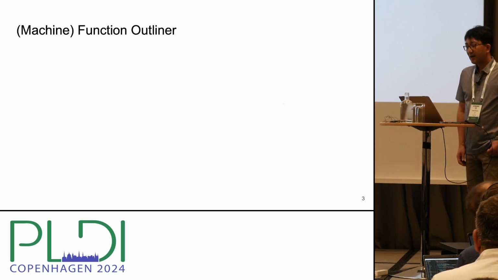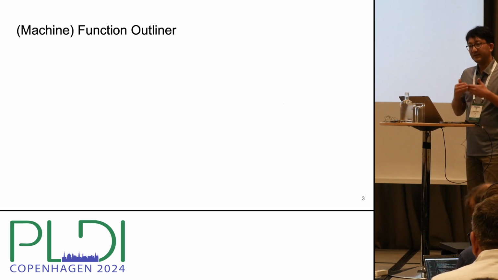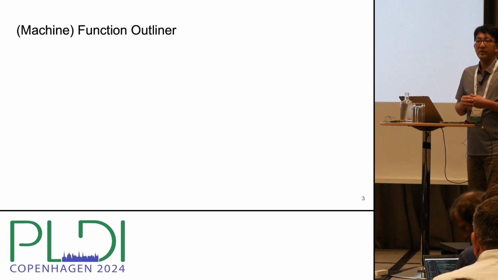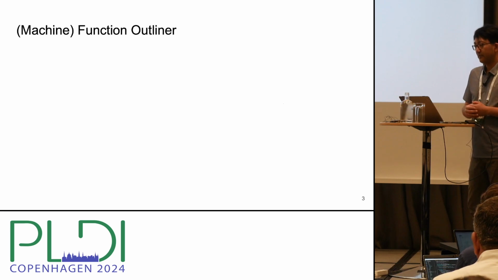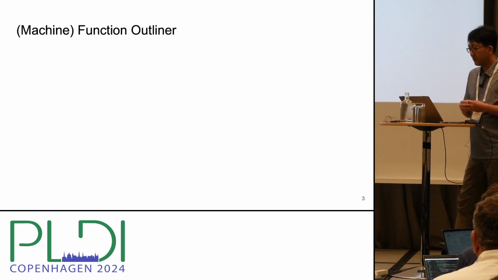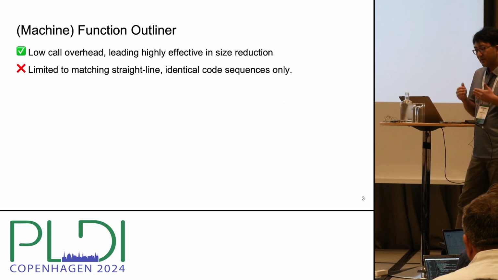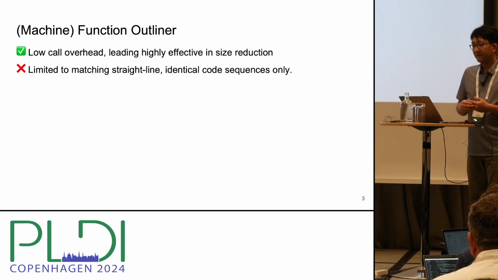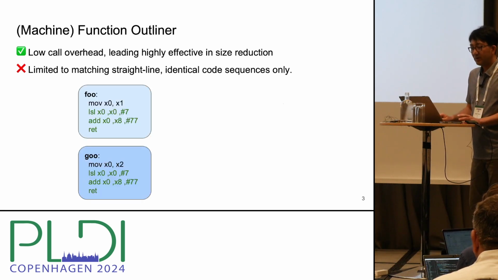A function outliner finds repetitive code sequences and replaces them with function calls to a shared function. I focus on the machine function outliner in this talk. It replaces the same machine instruction sequences with native function calls, so the call overhead tends to be low.